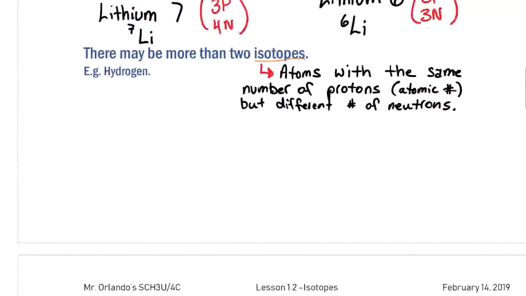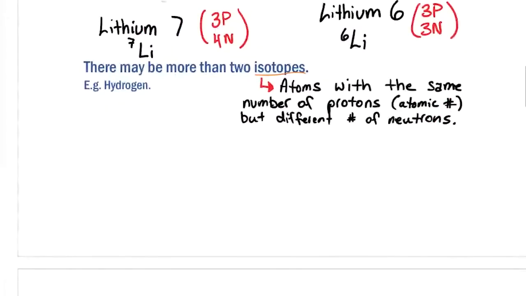Let's look at hydrogen for an example. If we look on the periodic table, we should see that hydrogen has an atomic number of 1, and depending on which periodic table you look at, it'll be slightly different, but 1.007994 is the usual number you come across. So we'll put that there, which means that as a rule, we expect hydrogen to have 1 proton, and then because its mass is only 1, it should have how many neutrons?